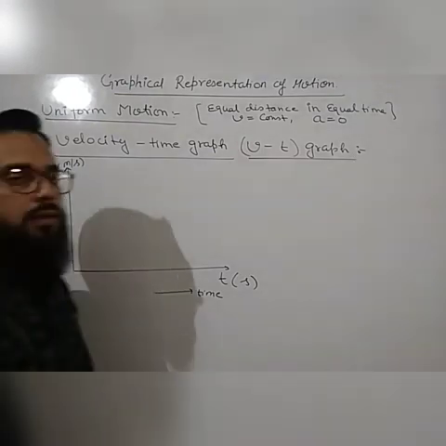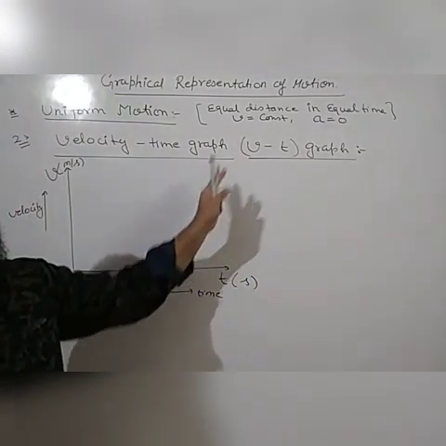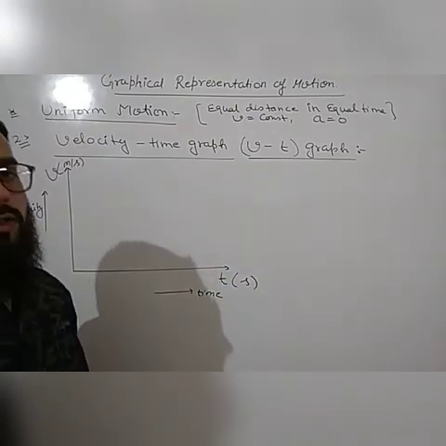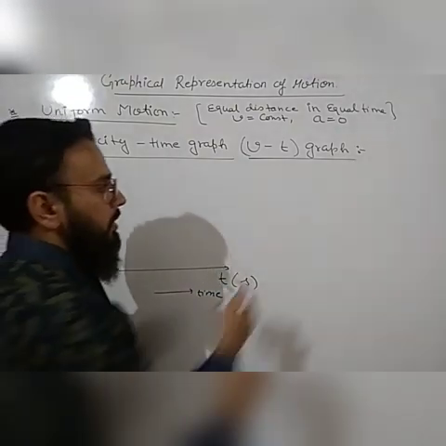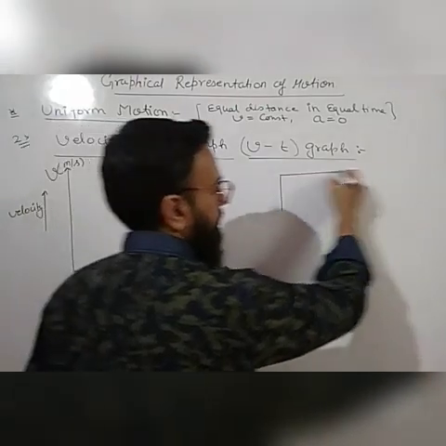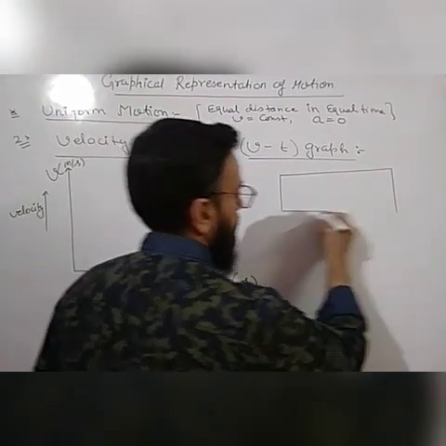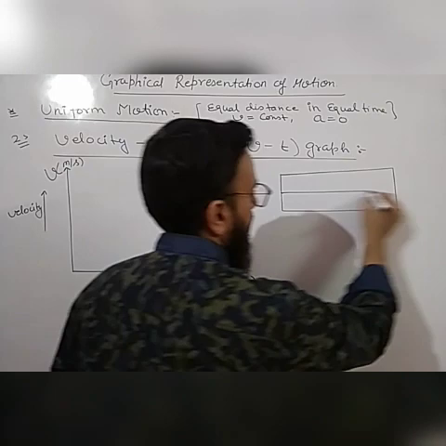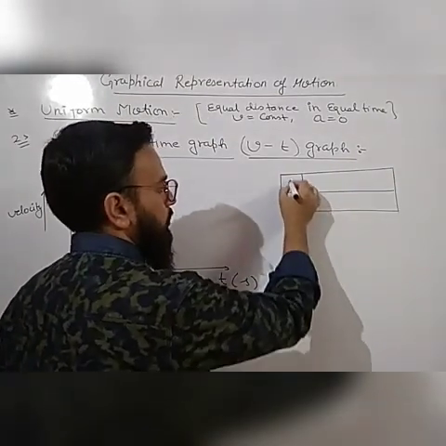Now first let us take an example for the velocity time graph, then we will draw it in general form. Suppose an object starts at t is equal to 0.